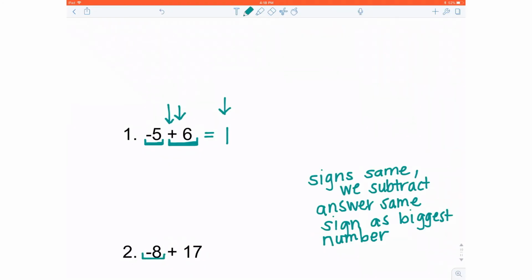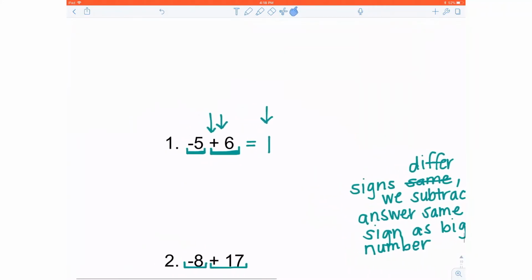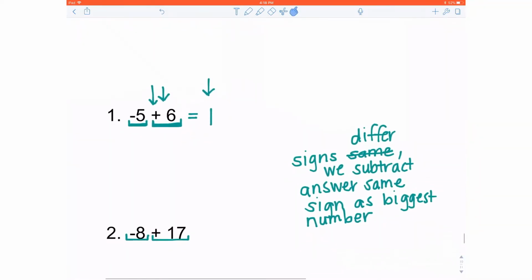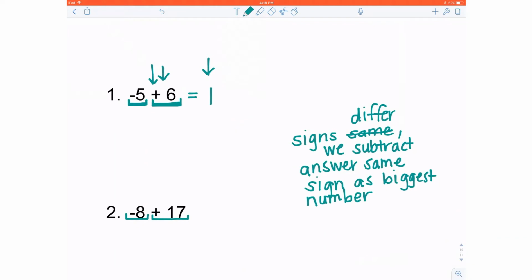Okay, I hope you got it. If not, don't worry. Here, let's look at the sign that has in front of it, -8 and +17. They're different signs. So, oh, I wrote here same. This should be different. The signs are different. Let's fix that there.